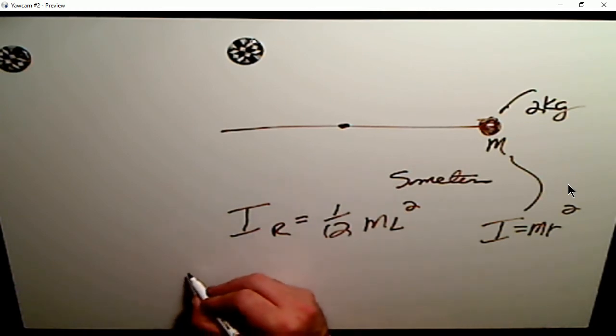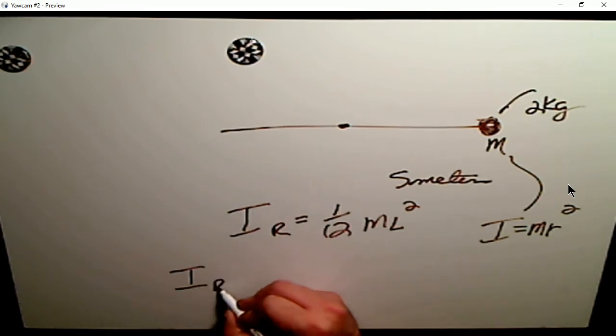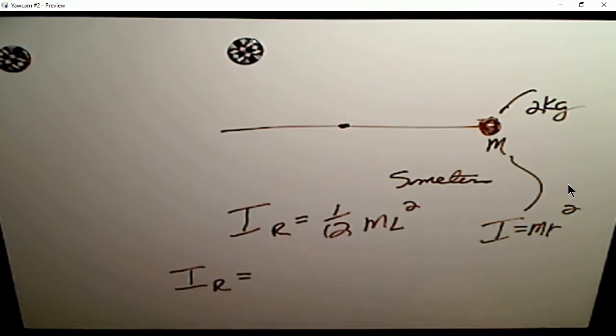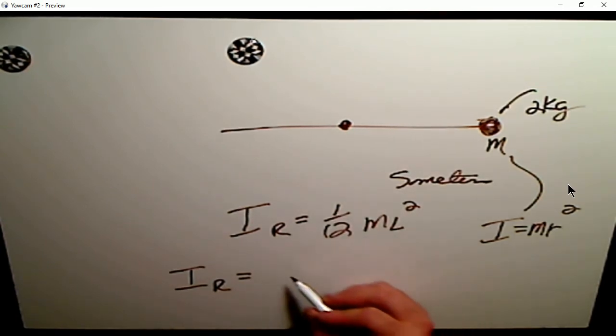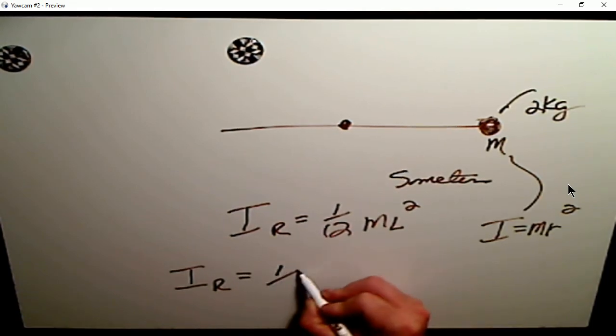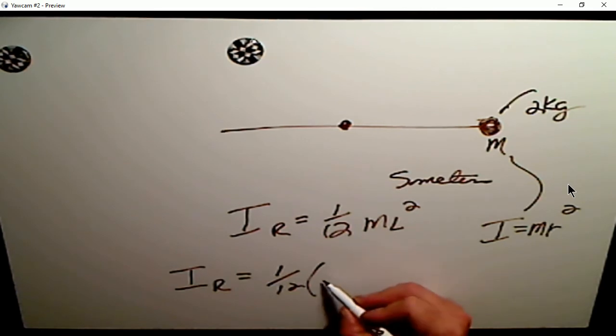So the moment of inertia of the rod pivoted on the center point is 1/12 times its mass.